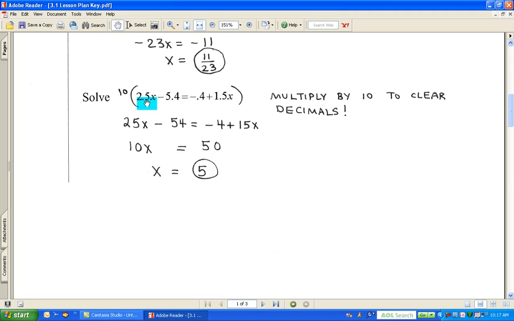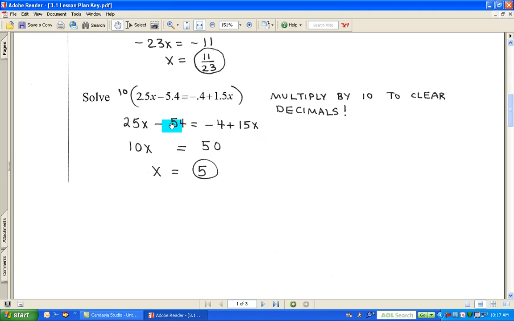The way I determined 10 is I looked at the greatest number of places I had behind the decimal, which was 1. So that means if I move the decimal over one place, I'm virtually creating whole numbers. So when I multiply by 10, I get 25x minus 54 equals a negative 4 plus 15x.